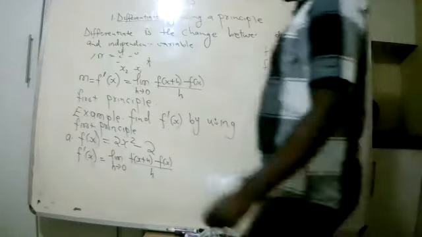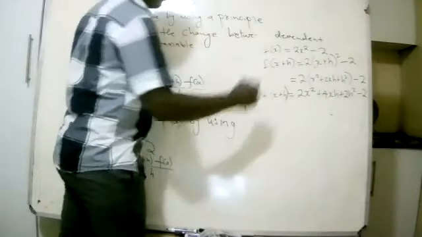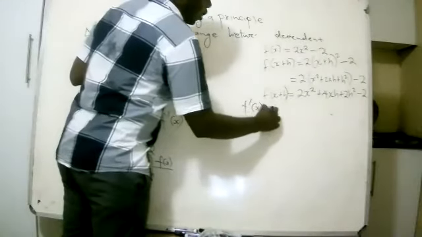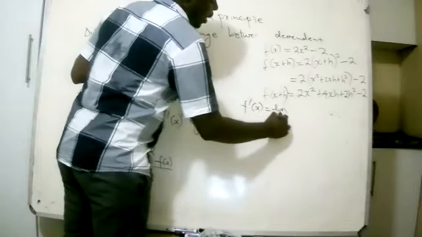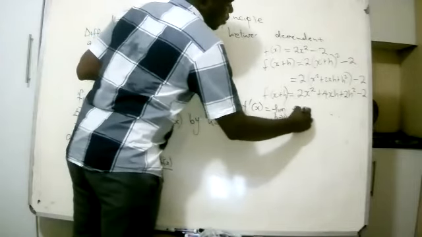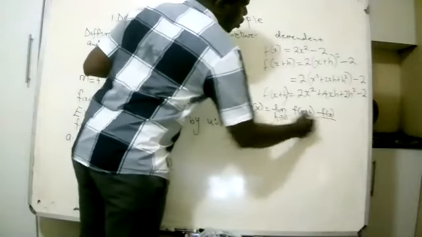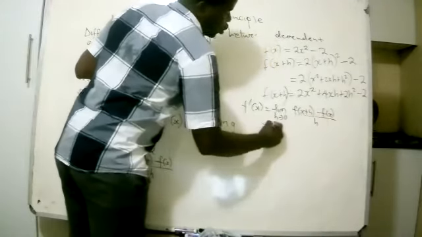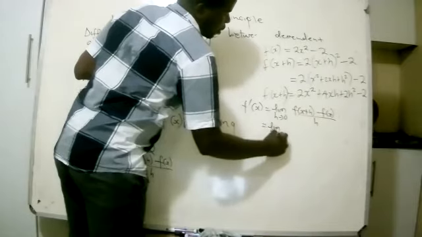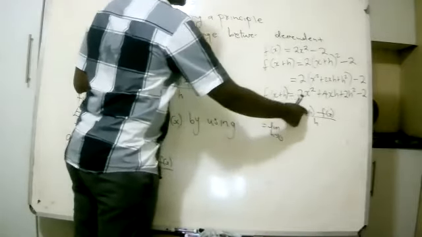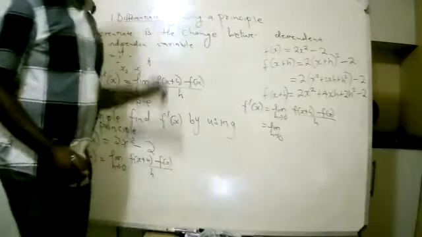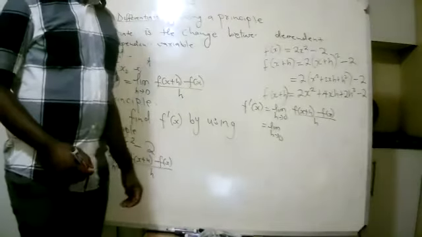So it's the one we're going to use in the first principle formula of f prime x equal to the limit when h approaches 0 of f of x plus h minus f of x, all divided by h. So where we have f of x plus h, can any one of you tell me what we are going to substitute?